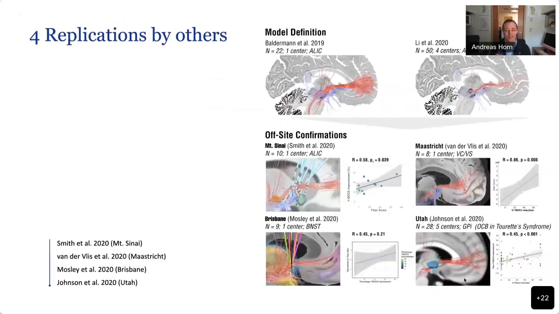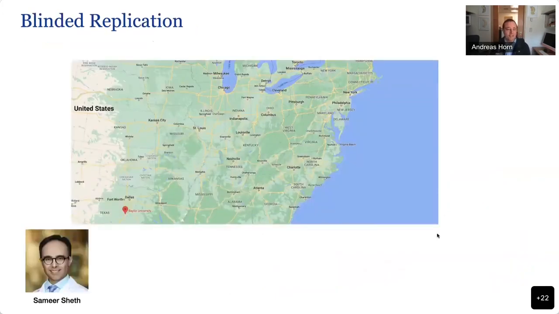And these were in fact 4 replications 6 months after the publication from different groups that all showed this really seems to be true. And it seems to be true even across targets originally used. And this one is even for Tourette syndrome, so obsessive compulsive symptoms in Tourette's syndrome also worked on a large cohort. So this really seems to check out.